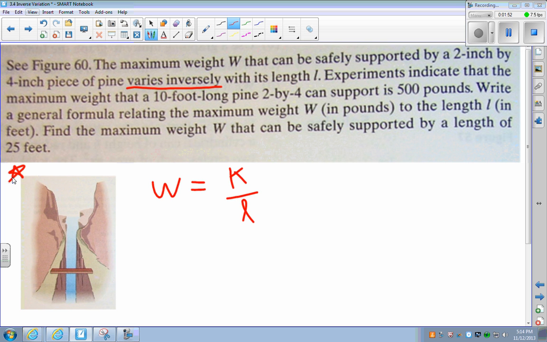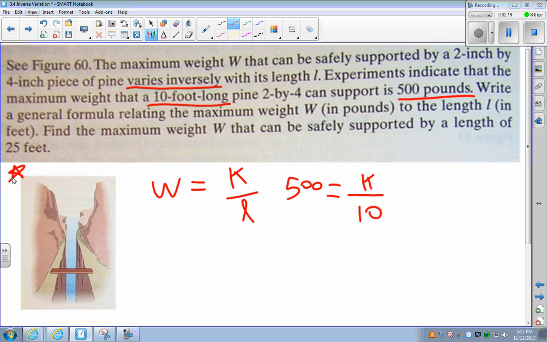Experiments indicate that the maximum weight that a 10-foot long pine can support is 500 pounds. So here, if we plug 10 feet into our length and 500 for our weight, you can actually solve for k, but I want to continue reading on why this is important.